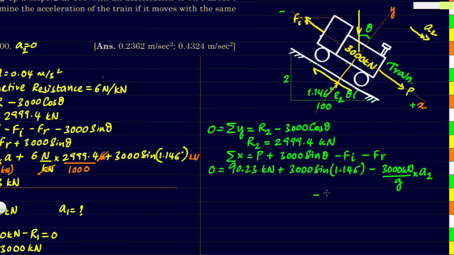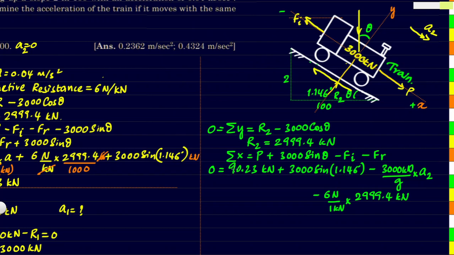Finally, minus the friction force, which will be the tractive resistance 6 Newton per 1 kilonewton into the normal reaction, which in this case is 2999.4 in kilonewtons.